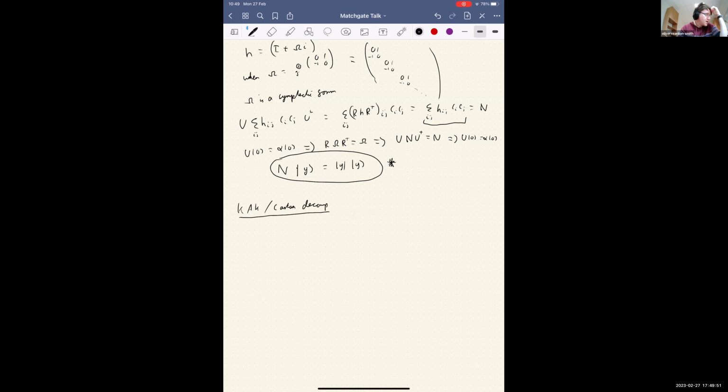This essentially says that if I have any R, any orthogonal matrix, I can write it in the following form: K1 A K2, where all these matrices are orthogonal.